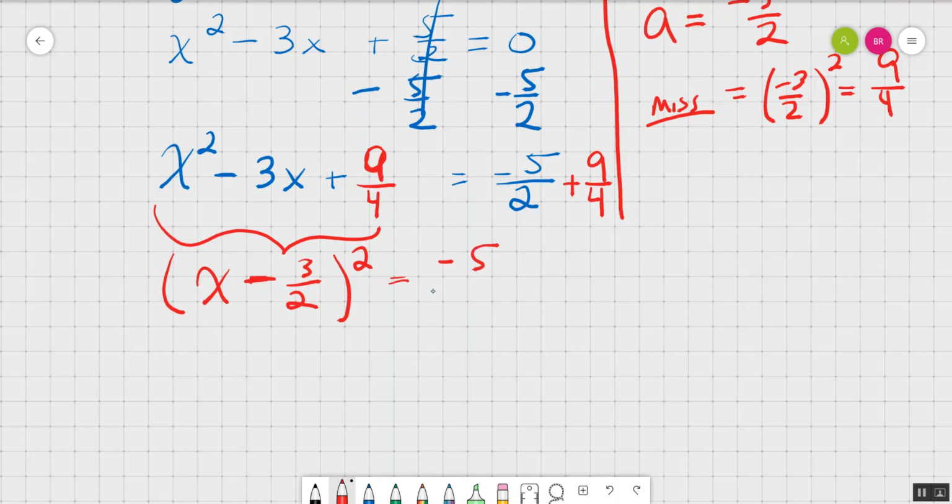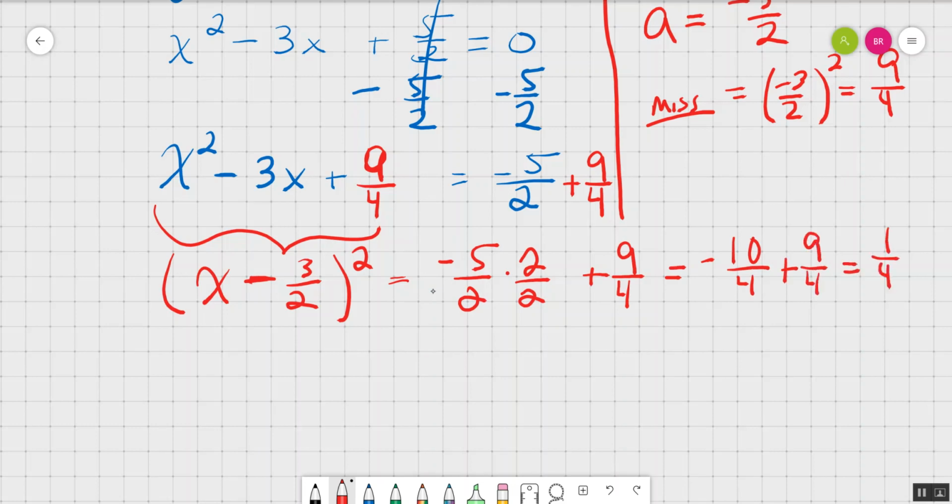I'm going to have to multiply that to make sure it has a 4 in the denominator, plus 9/4. So I need a common denominator. 2 times 5 will give me negative 10/4 plus 9/4. Oh, that comes out kind of nice. Negative 1/4. Let's be careful. So I have x minus 3 over 2 squared is negative 1/4.